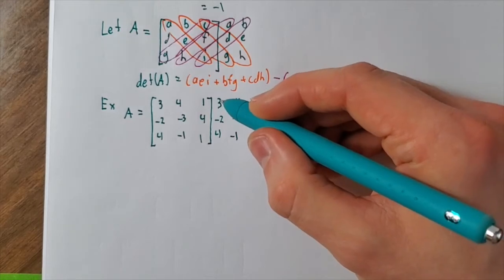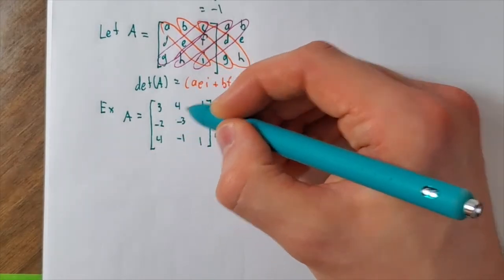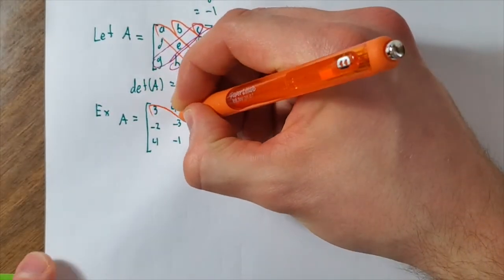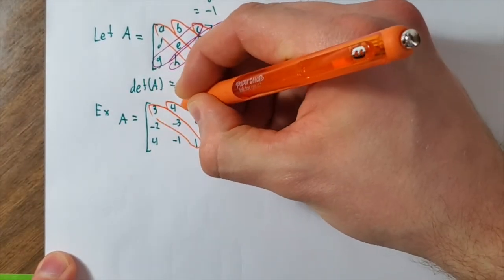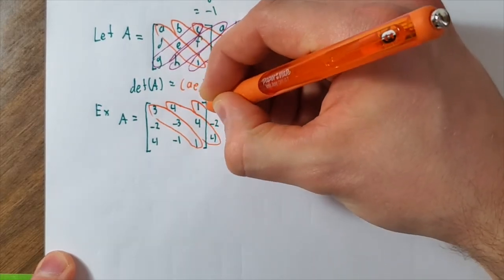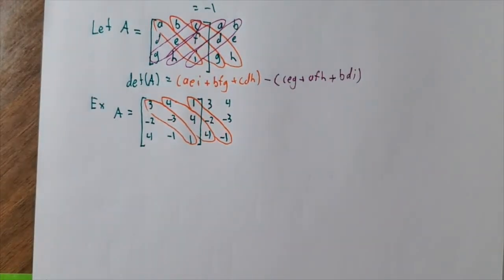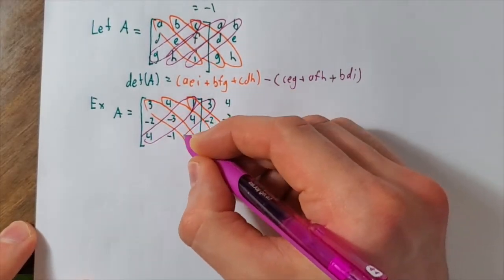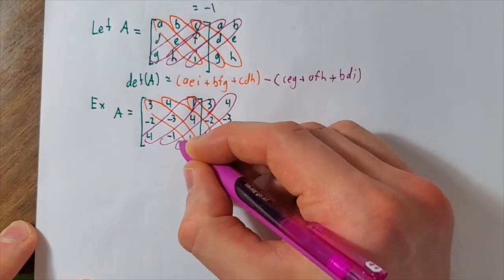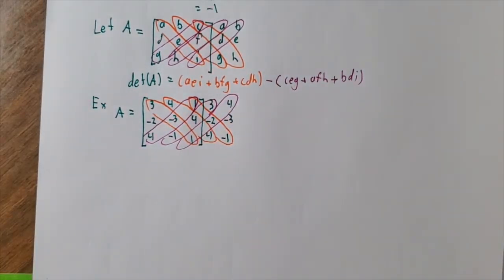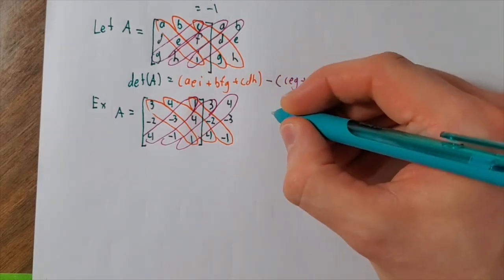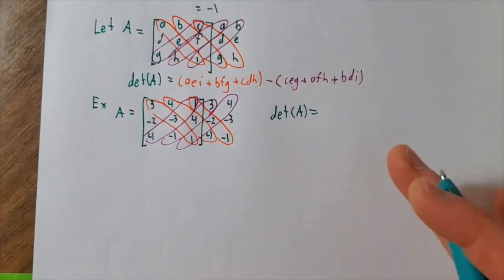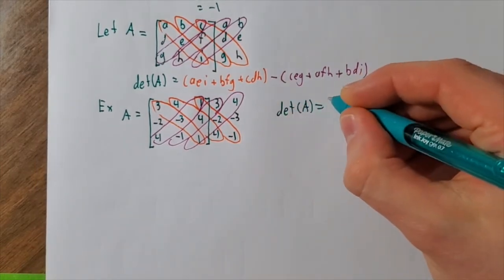So notice, I recopied down our first two columns just on the outside of our matrix. And now I'm going to make my diagonals. And then let's find our products here. So we've got the determinant of A is equal to, and I'm just going to write my products out.